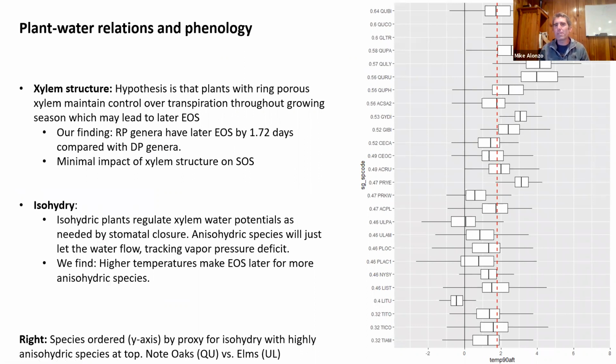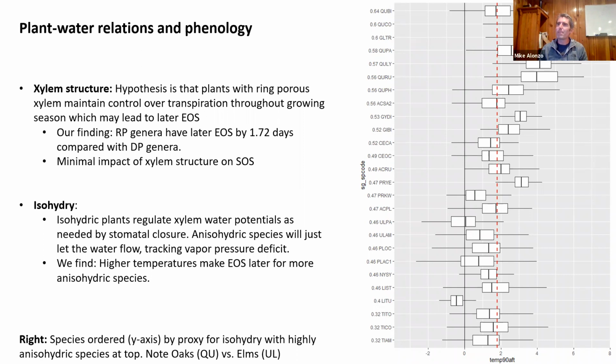What are some of the key differences that, based on previous work and theory, might drive different species to respond differently to temperature, and by extension, other site differences like prominence of impervious surface in a given area? We started to look a little bit at plant-water relations.